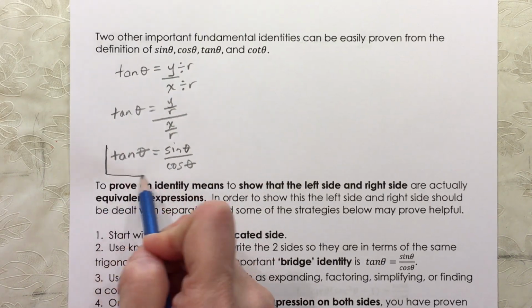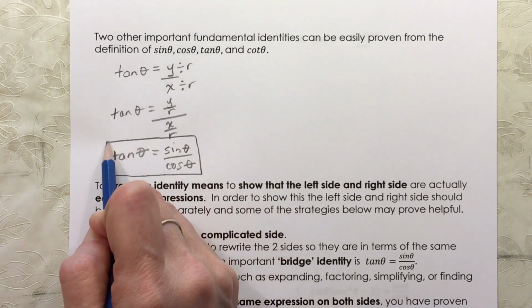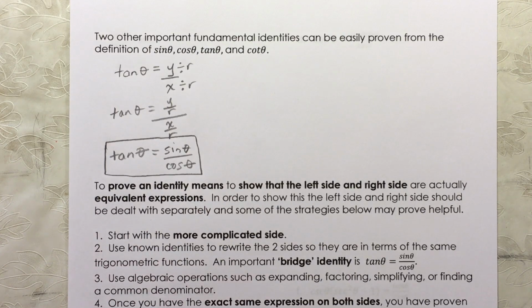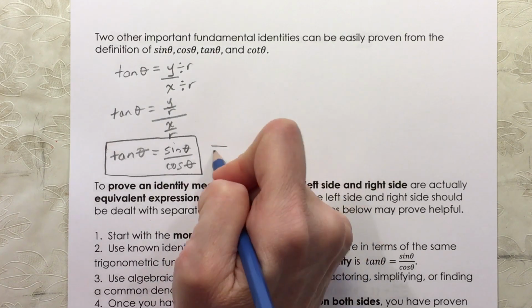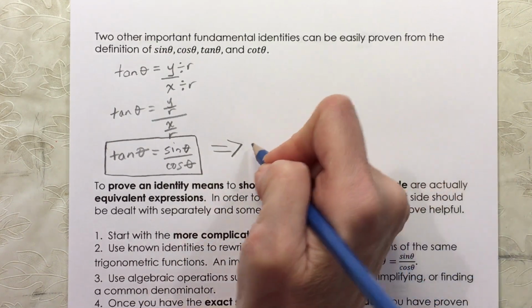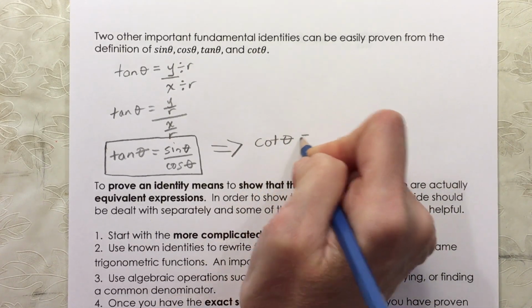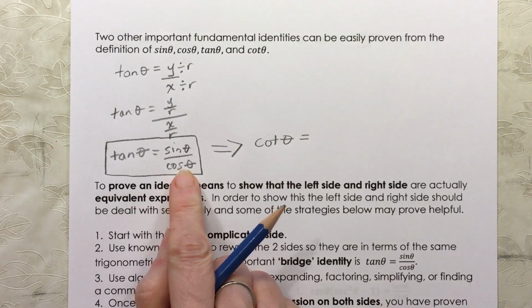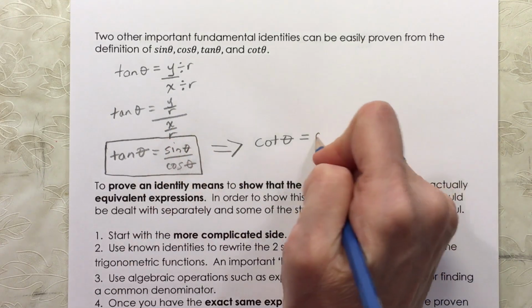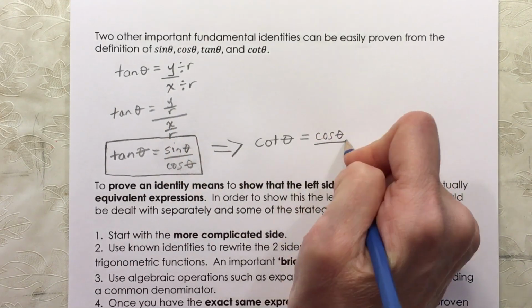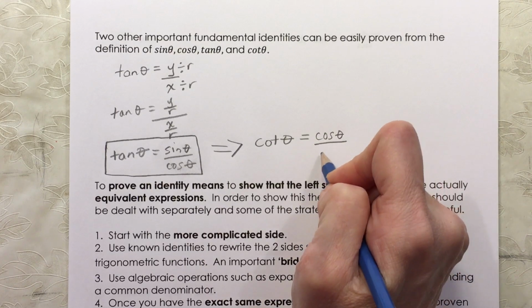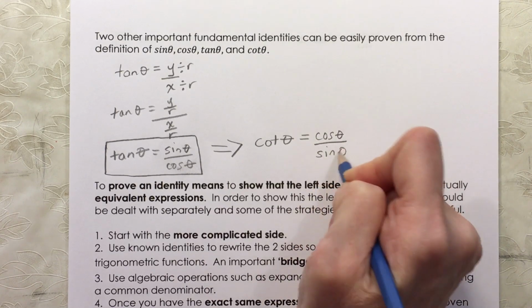So here's a very important identity. Tan is sine over cos. But since tan theta is sine over cos theta and cotan theta is the reciprocal, then we can just flip sine over cos upside down and get that the cotangent of theta must be cos theta over sine theta.